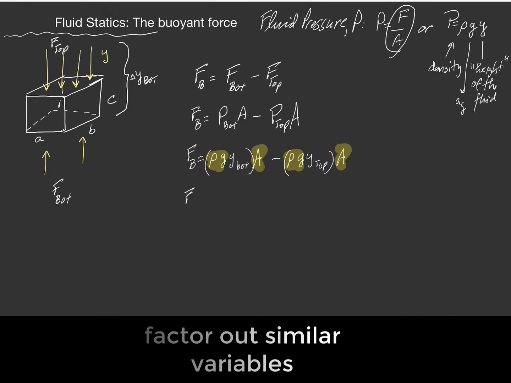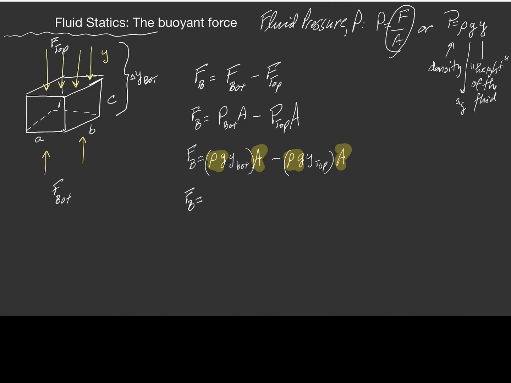So we would get the buoyant force equals, all right? So we would get rho g and then a, and what we have left is the y at the bottom minus y at the top. Okay? We're going somewhere with this, I promise you. Now let's think about this a little bit further.